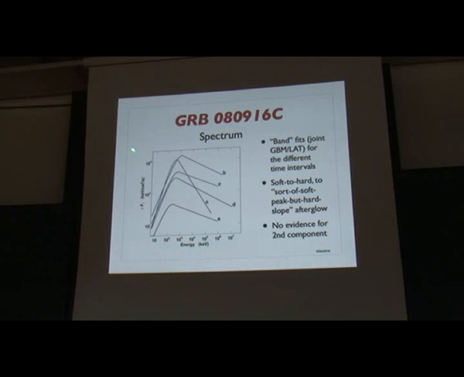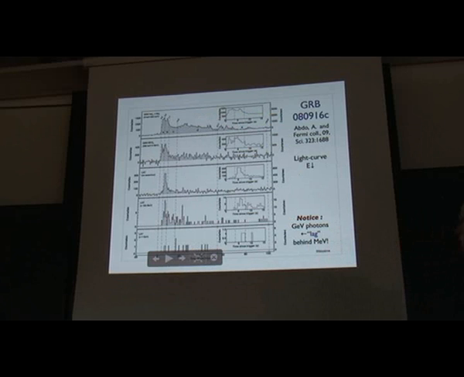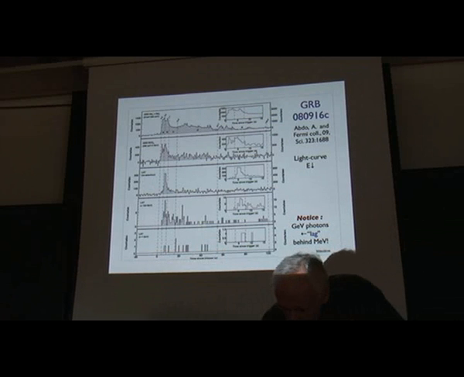The only interesting thing is that the peak energy increased first from A to B, and then slightly decreased, but the high energy slope was pretty hard. Initially it was very soft, and then it became hard and didn't soften much in time. So this is actually a GeV afterglow which lasts well into more than 10 to the 3 seconds.